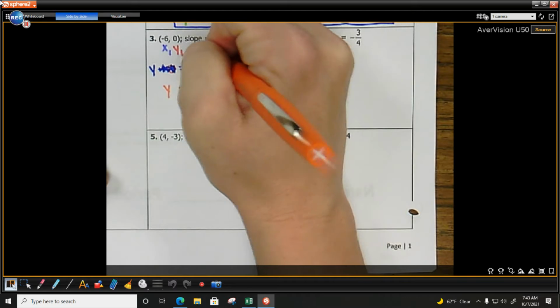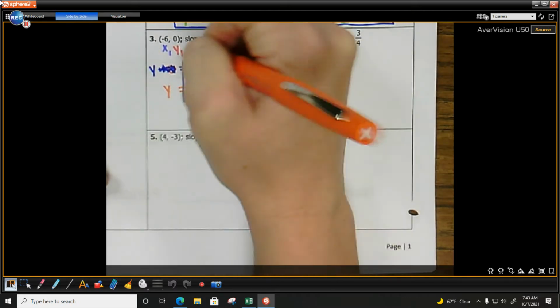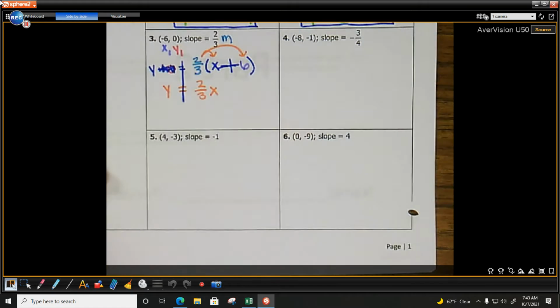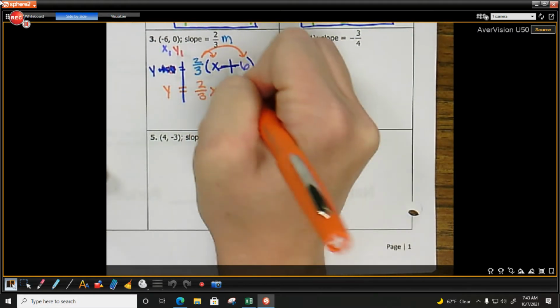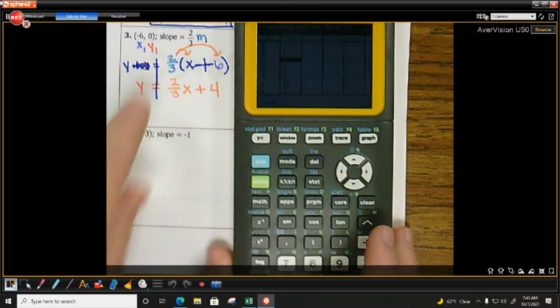So what's 2/3 times X? And then what's 2/3 times 6? You can type that in your calculator if you need. What's 2/3 times 6? Positive or negative? Positive 4. So let's go to our calculator and check, because Y is all by itself.